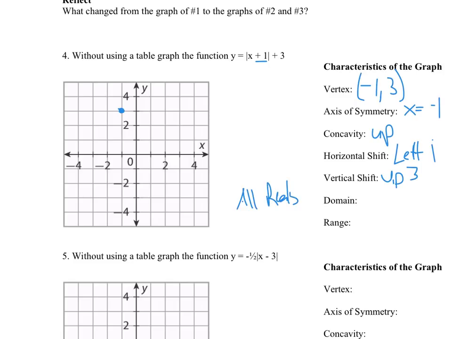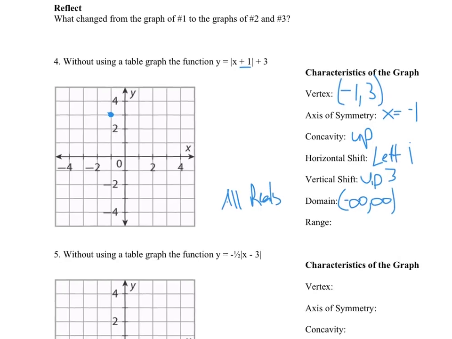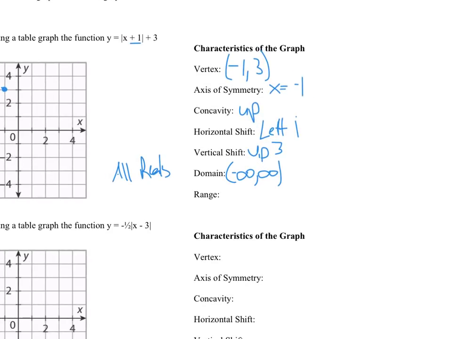But the way we're going to end up writing it is in interval notation, so -infinity to +infinity, or in inequality, -infinity is less than x, which is less than +infinity.